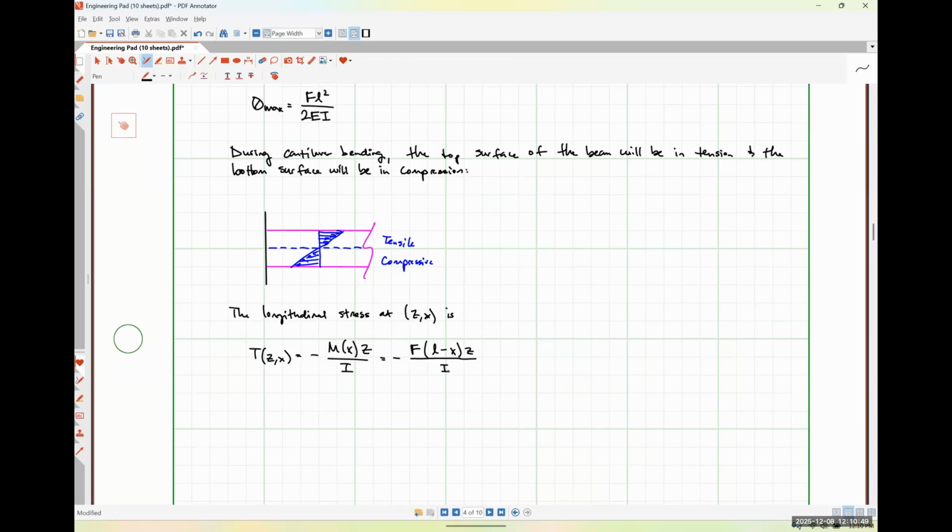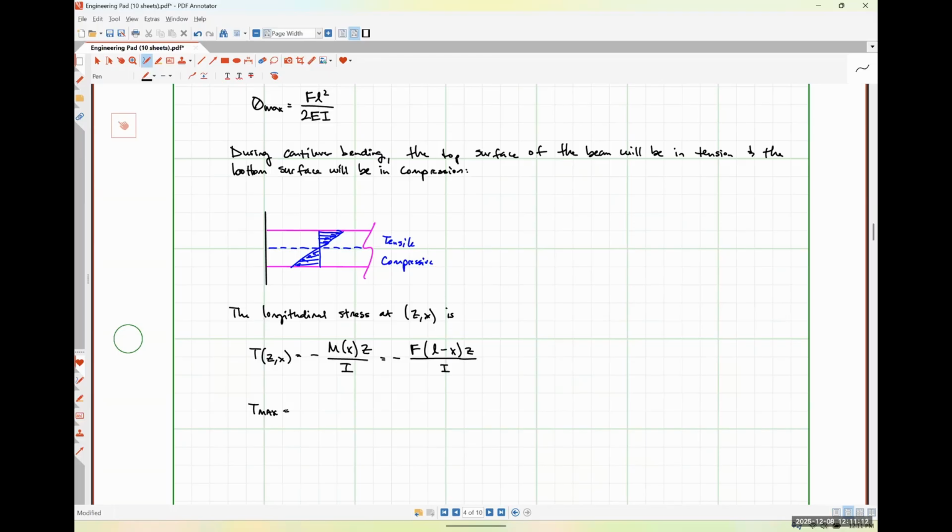over I. And from this expression, we can easily see that our maximum stress is going to occur when X is equal to 0, when we're at the anchor point of the beam, right? And the minimum stress, or 0, is going to occur when we're at the far free end of the beam.